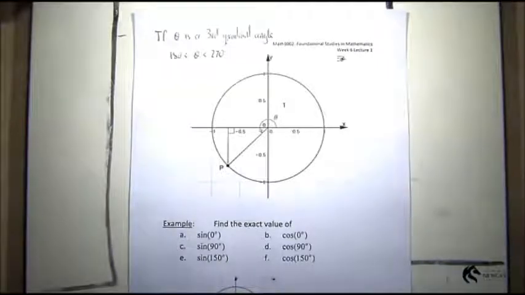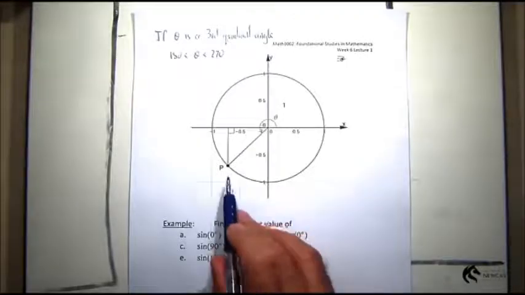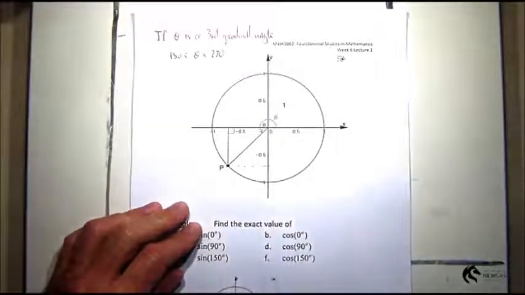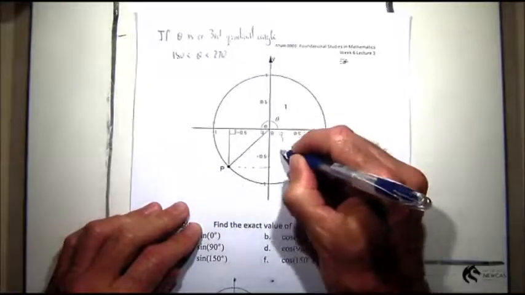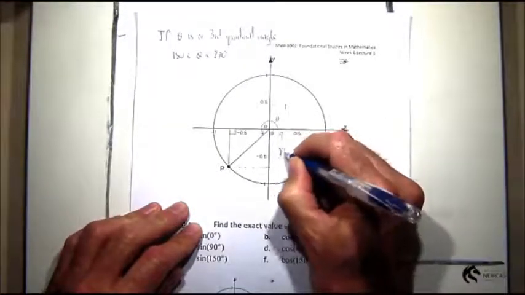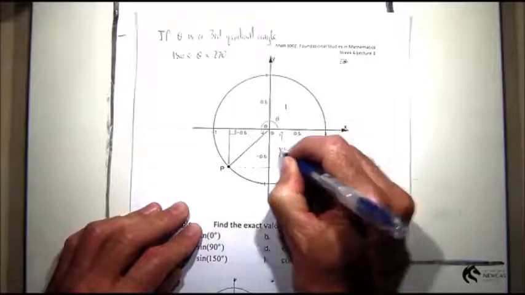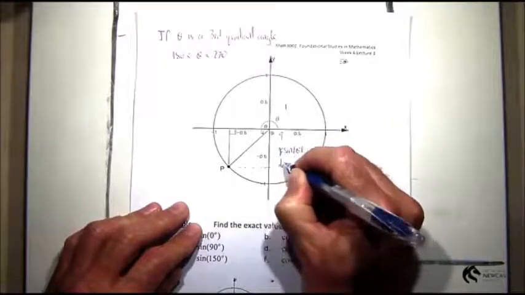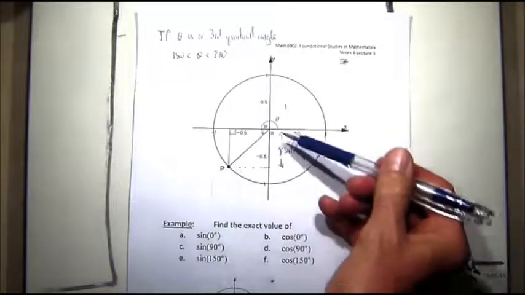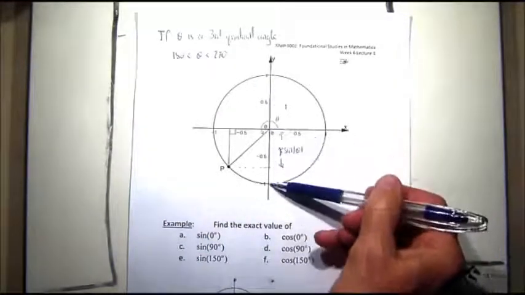Then I would say that the sine of theta is the y-coordinate of P. Now, sitting down here, there's the y-coordinate of P. So this is sine of theta. And the important thing to realise here is that the sine of theta is between 0 and -1 in here.